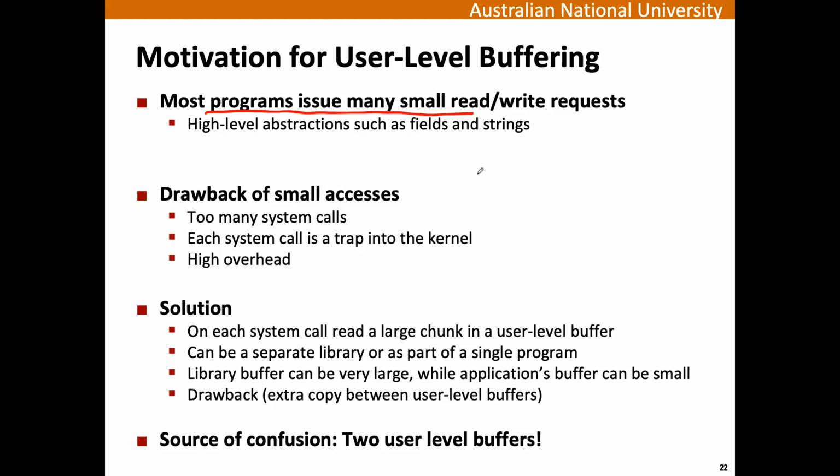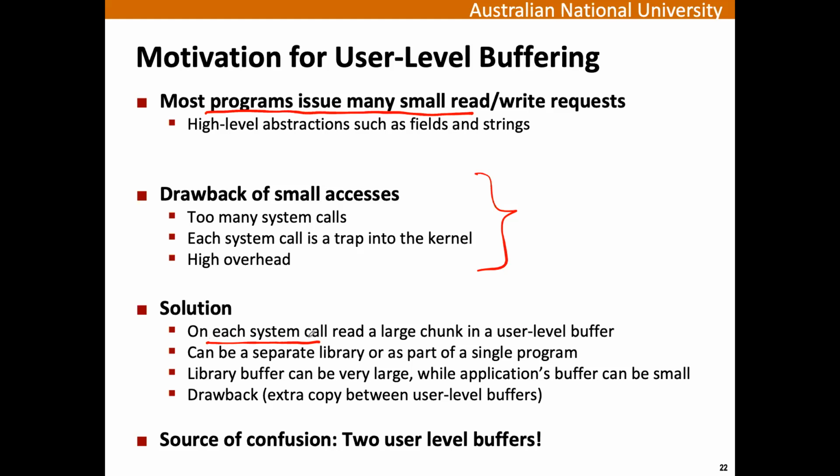So any good library, any good package that wraps read-write system calls should do some buffering or should try to reduce the number of system calls. So one solution is on each system call, you try to amortize the cost of the system call.